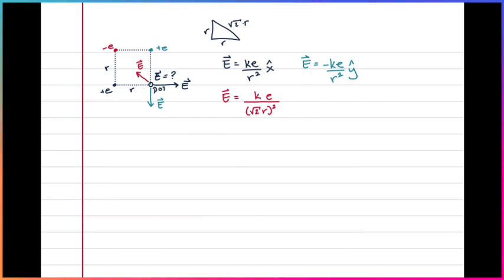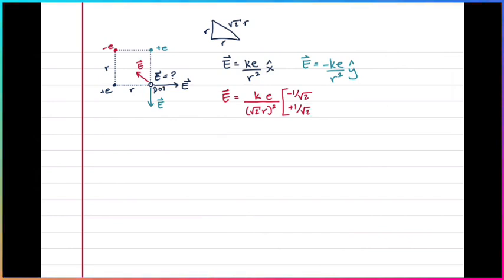k is the same. And then I need the direction. It looks like it's pointing left and up. And given that it's a square, I know that both of these better be the same. So it's going to end up being 1 over root 2 plus 1 over root 2.